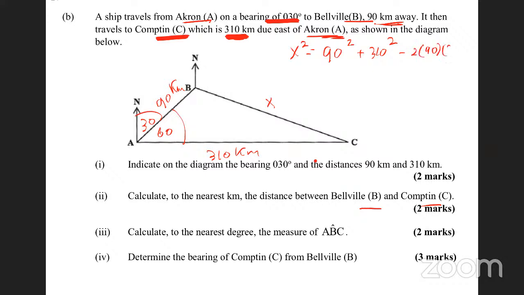Minus 2 by 90 by 310 cosine 60. Put it in the calculator. What did you all get for x? Work it out, square root one time.